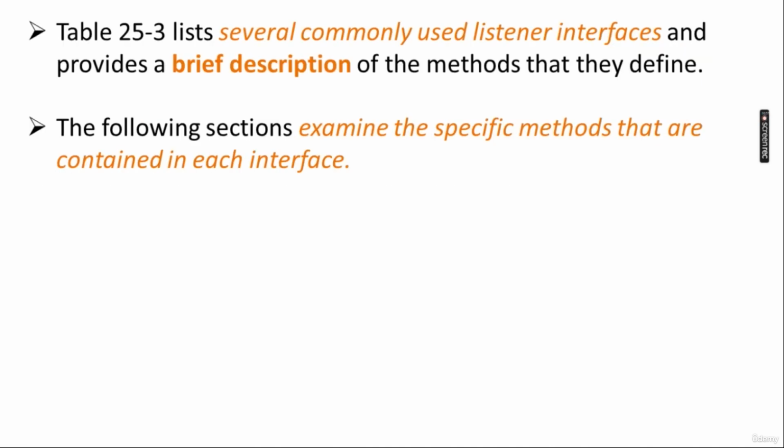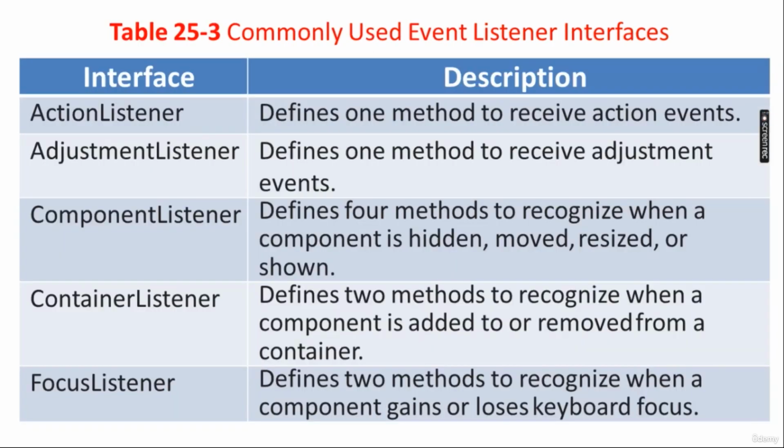Table 25.3 lists several commonly used listener interfaces and provides a brief description of the methods that they define. So how many listener interfaces there are and the methods given by those, we will see. The following sections examine the specific methods that are contained in each interface.